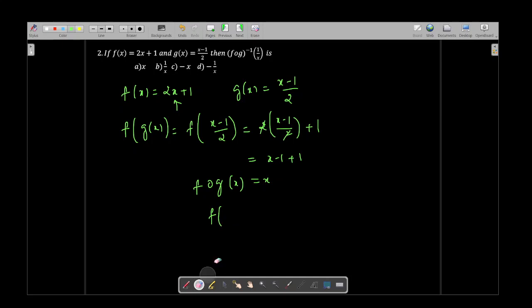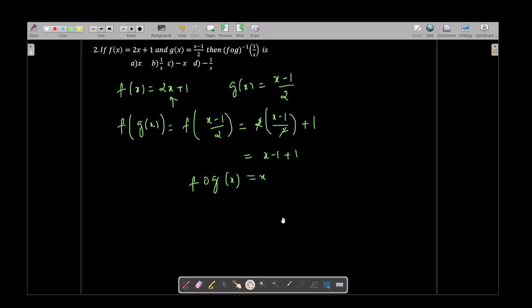Now we need to find f of g inverse of 1 by x. So I'll find f of g of 1 by x first, putting 1 by x in place of x.